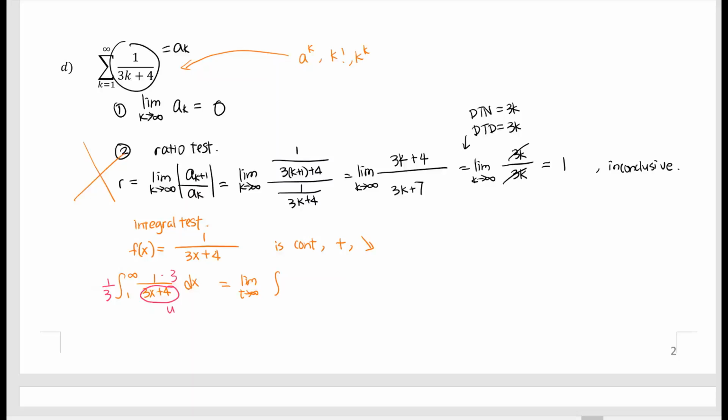So you have the limit, the integral where the x value is 1 to the x value t, of 1/3 du over u, and that is ln of u. U is 3x plus 4, and we have the absolute value here. Evaluate from 1 to t, because now we get the x back. And so that's the limit.